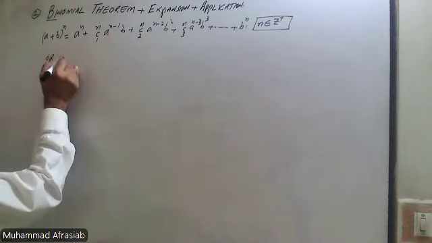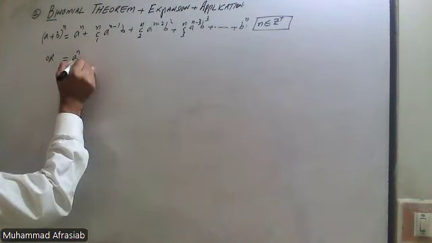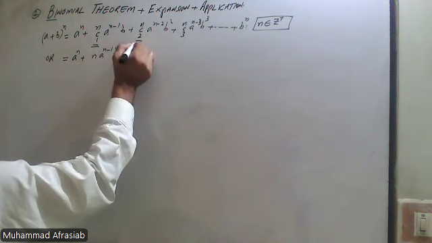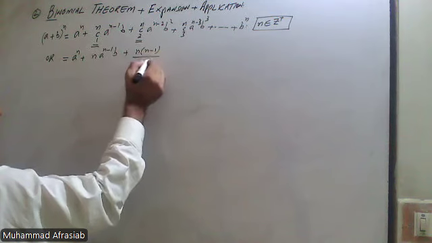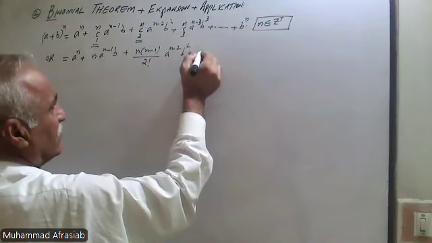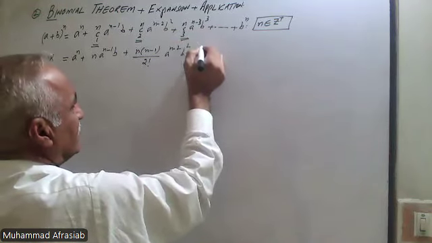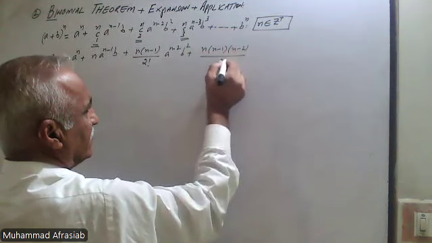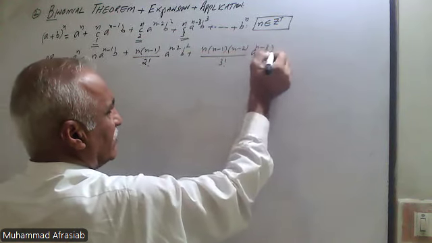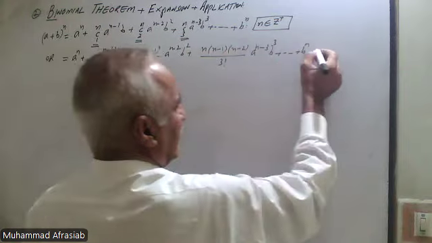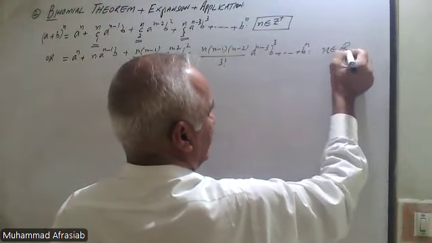Or we can convert this formula. a^n, nC1 is basically equal to n into a^(n-1) b. nC2 means n(n-1) divided by 2 factorial into a^(n-2) b^2, plus nC3 means n(n-1)(n-2) divided by 3 factorial a^(n-3) b^3 till b^n, and here n belongs to all real numbers.